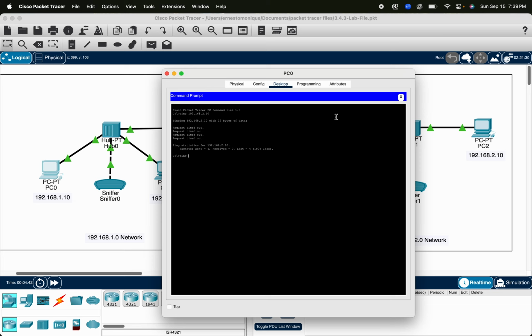Ping 192.168.2.10. All right, as you can see, we were able to connect.